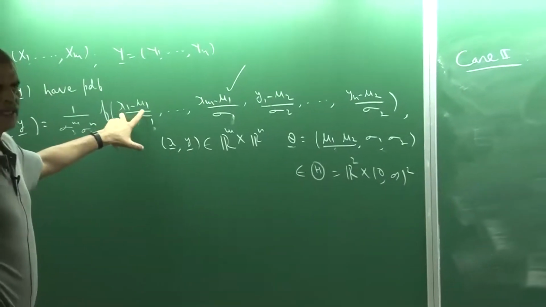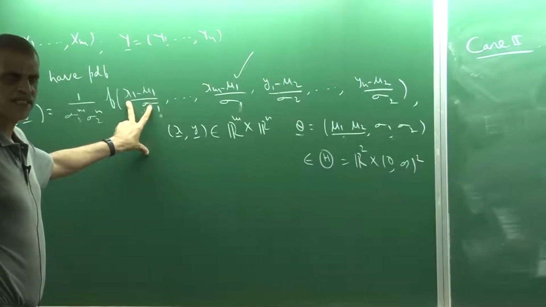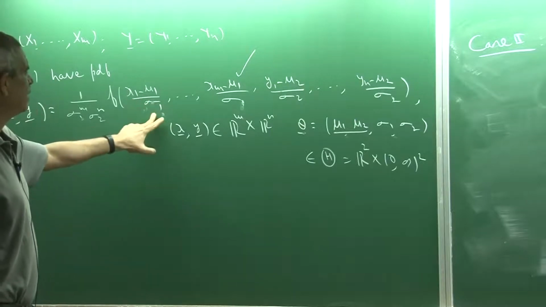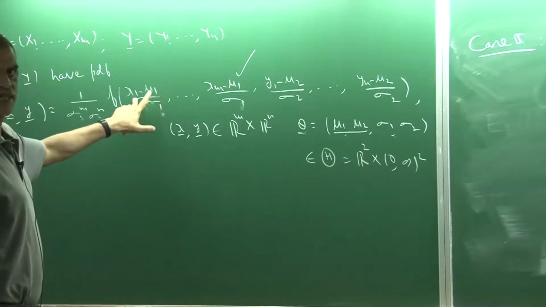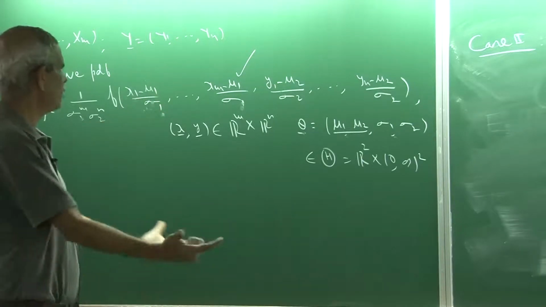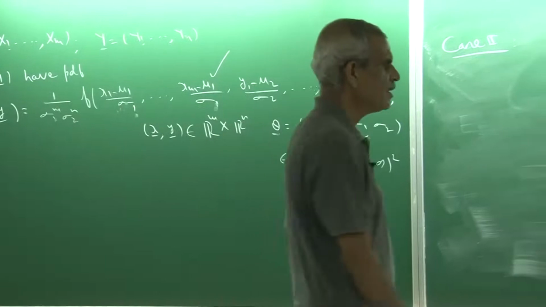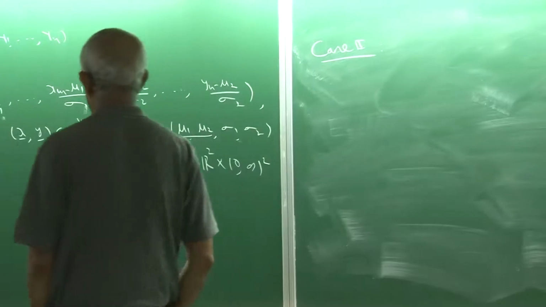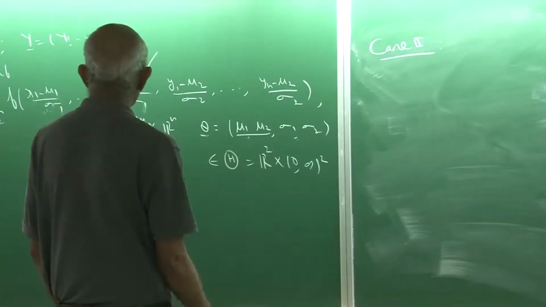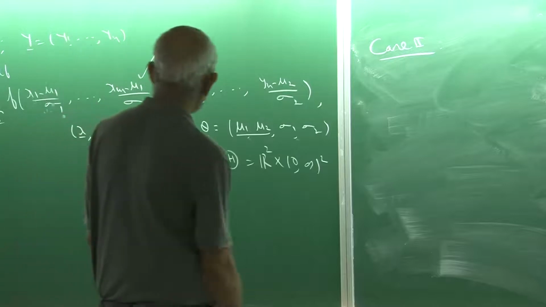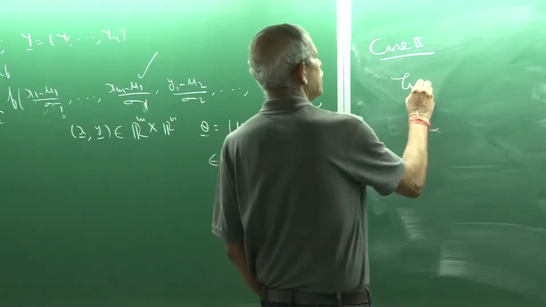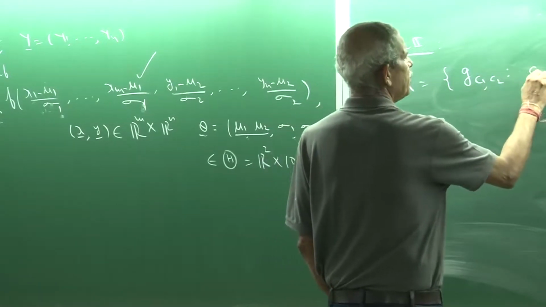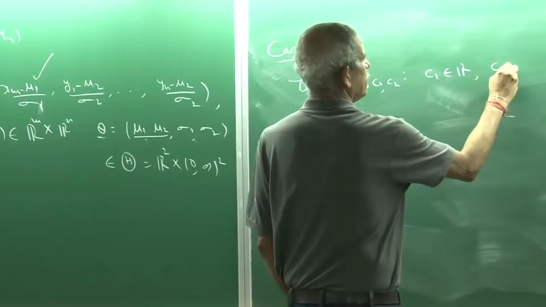If I take unequal, then xi plus c1 would be some transformation, let me call it ti, so ti would become xi minus ci. So it becomes xi minus mu1 by sigma 1. If you want, you can take sigma 1 and sigma 2 to be unequal, doesn't matter. So let us look at what should be the group of transformation over here. So this should be again G c1 c2, c1 belongs to R, c2 belongs to R.